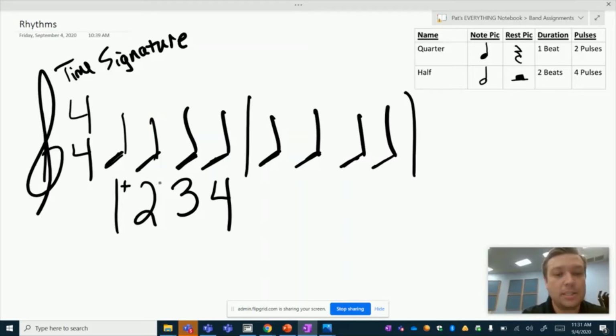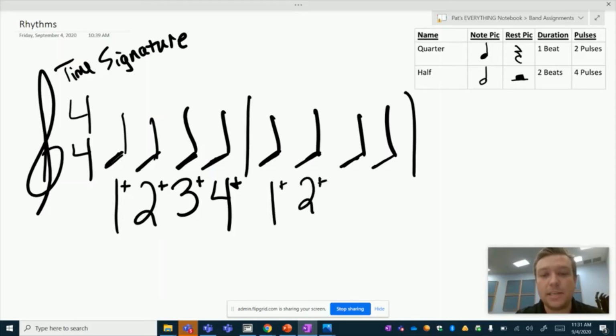I'm going to make that a small, I call it an and. It looks like a plus sign. Maybe you draw it like an and. Some people do shorthand like that. But I wouldn't draw it like that. Just do a little plus. And the reason it's little is because it's not what we actually count. It's called an and count, or an upbeat.